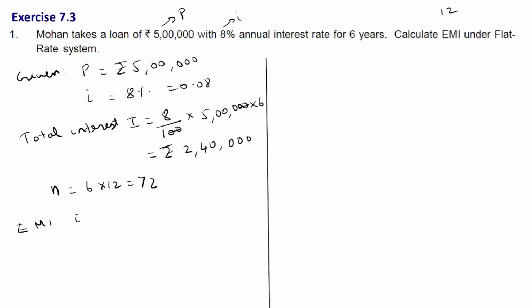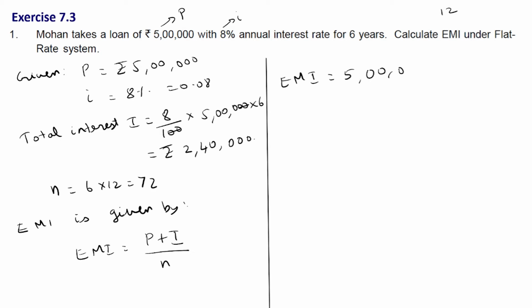Now EMI is given by EMI is equal to principal plus the interest upon n. The principal is 5 lakhs plus the interest is 2,40,000 and the total number of periods is 72.